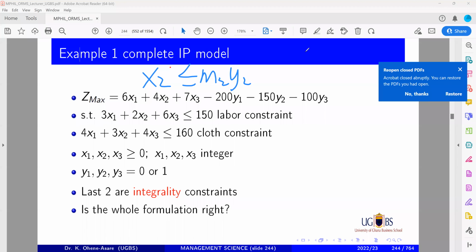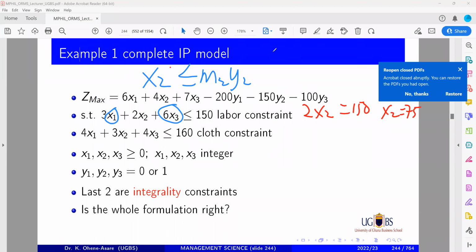X1 and X3, perfect. So let's assume that X1 and X3 are zero. So we'll be left with 2x2 equal to 150, which means that x2 will be what? 75.